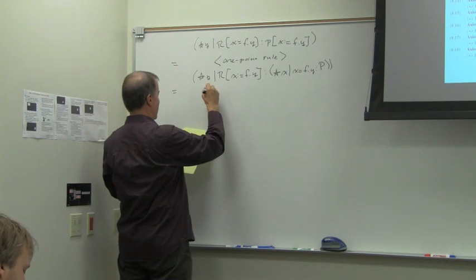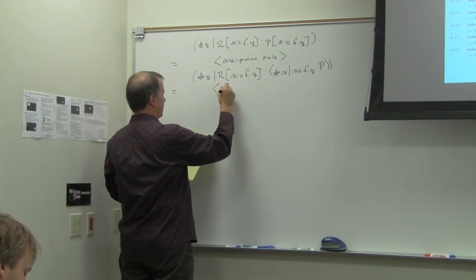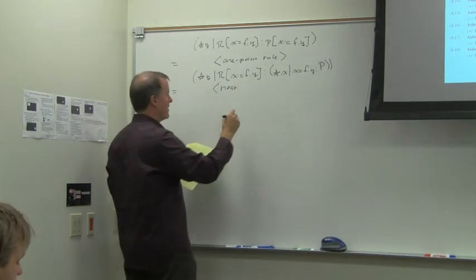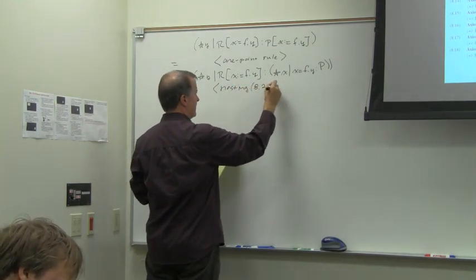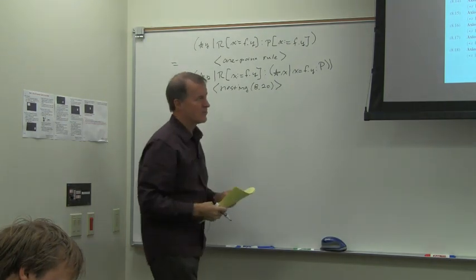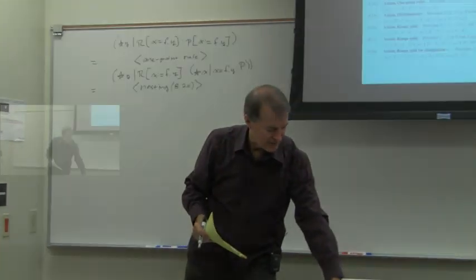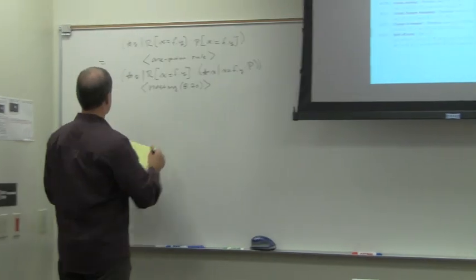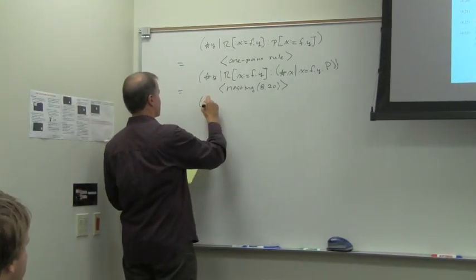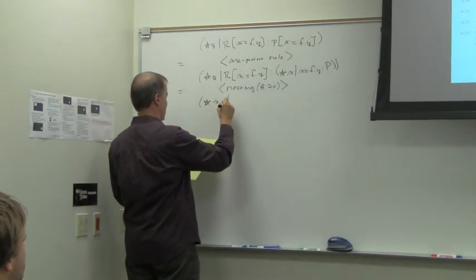Okay, so now this one. What about nesting 8.20? Kyle, what is nesting 8.20? So we're going to go star x, y. So this is star x comma y, so they're together here.